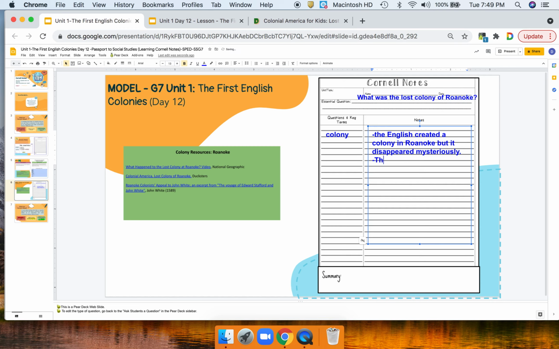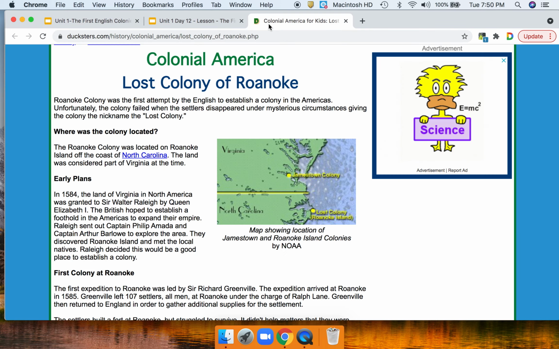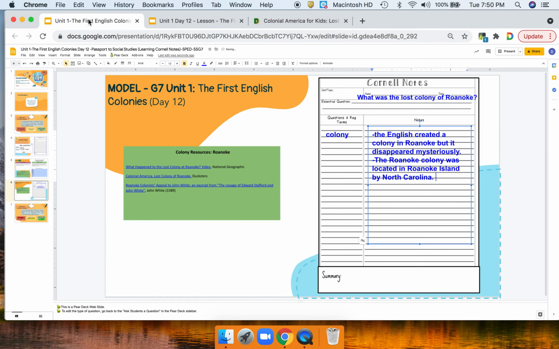So the Roanoke Island colony was located on Roanoke Island by North Carolina. Right, North Carolina, yep, North Carolina.